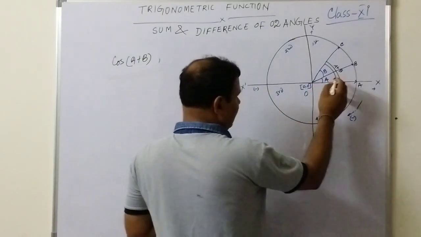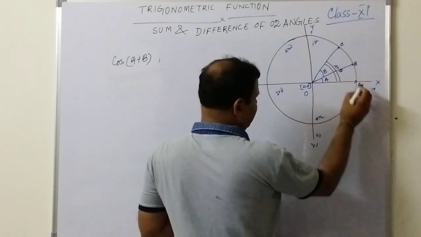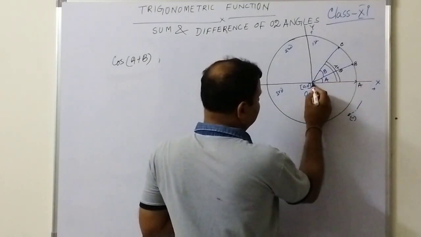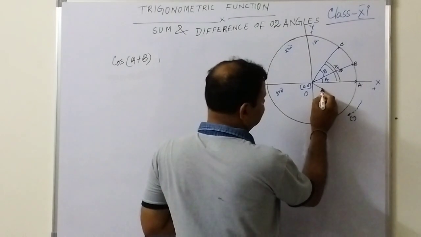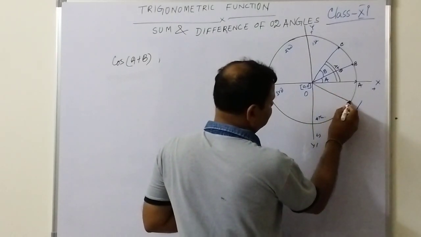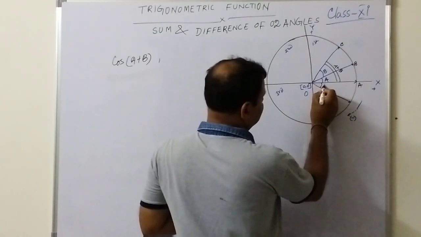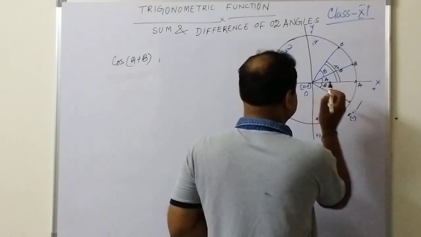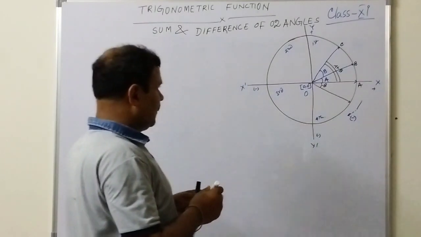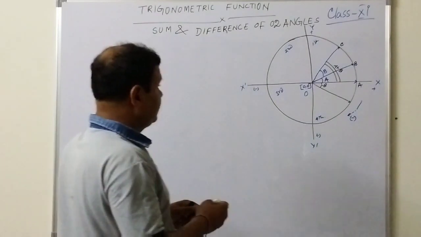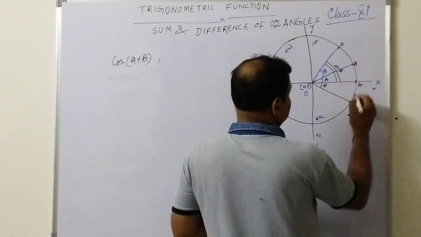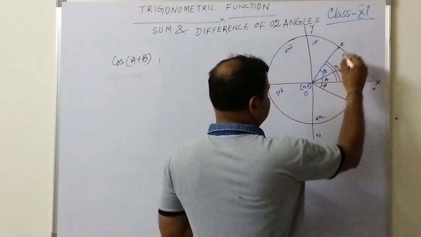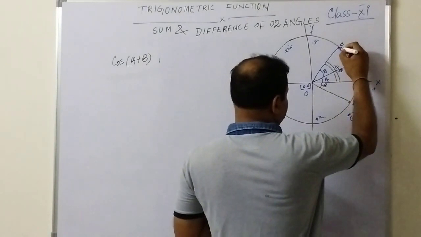Now let's draw the same angle B in the negative direction. This angle, suppose this is B, negative B angle. Now let's name the point D, and let's join A and C.